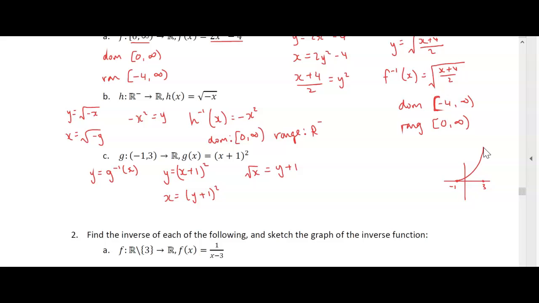So your parabola looks something like that. So it's just restricting the domain so it becomes one to one. All right, so we've got y equals the square root of x minus 1. Now I'm just being cautious with that domain though, just to make sure. Yeah, okay, so it's not the negative.